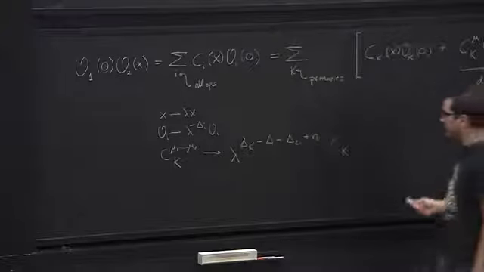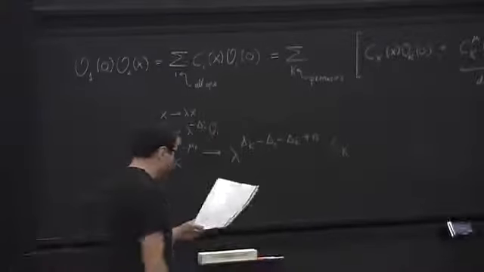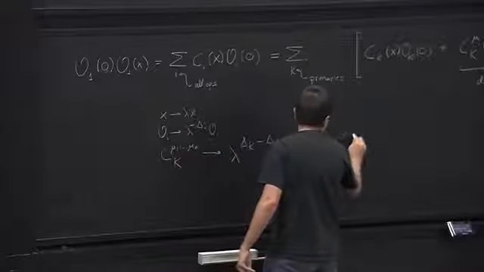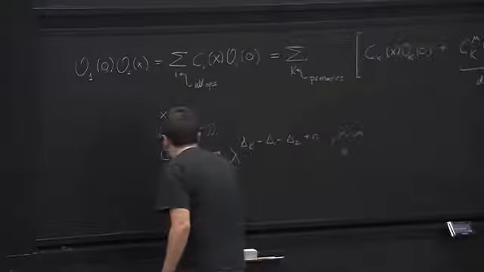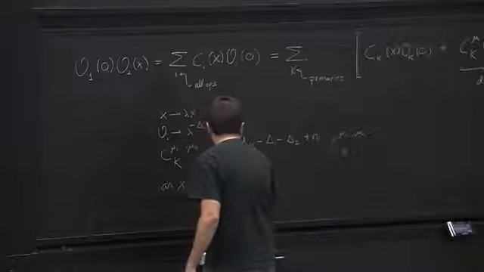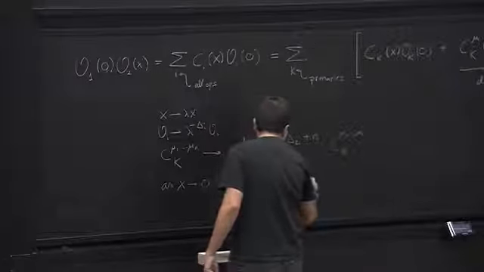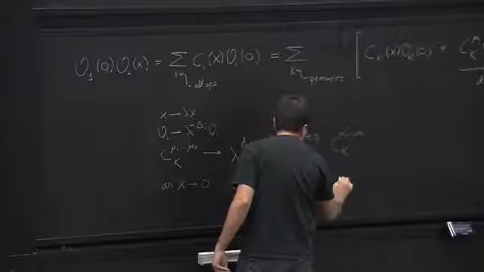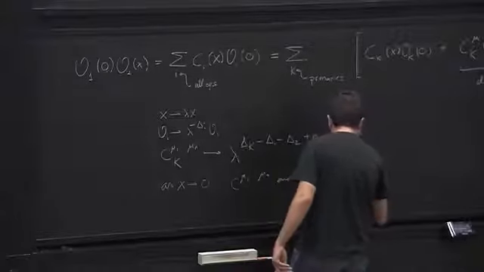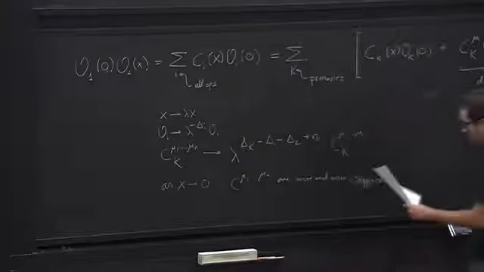So this means that the operators C_k are more and more suppressed as x is going to 0. So as x is going to 0, C^{mu1...mu n} are more and more suppressed. We will see this explicitly because we will compute these guys. I'm just saying that we could anticipate this just by counting powers of derivatives.